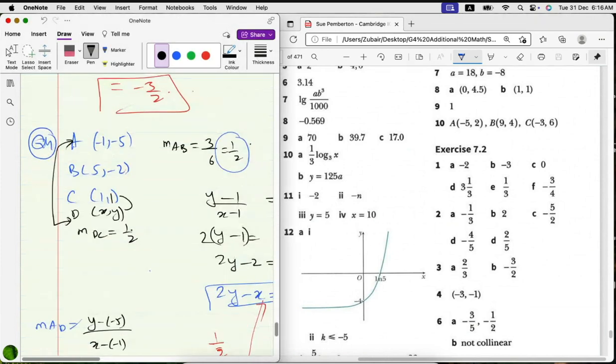Minus 3 and minus 1. Quickly check. I was not expecting decimals.